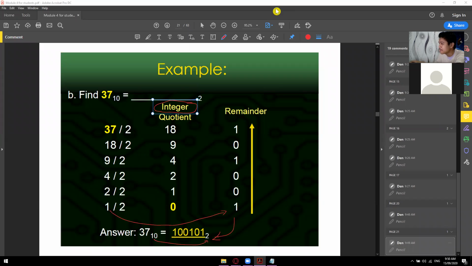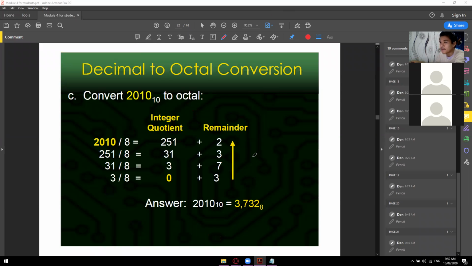Naintindihan po, sir, says Miss Peppy. How about the others? Did you get it? Yes, sir. Okay, that's good. Alright, so let's move on to the next example. Actually, this is still an example.